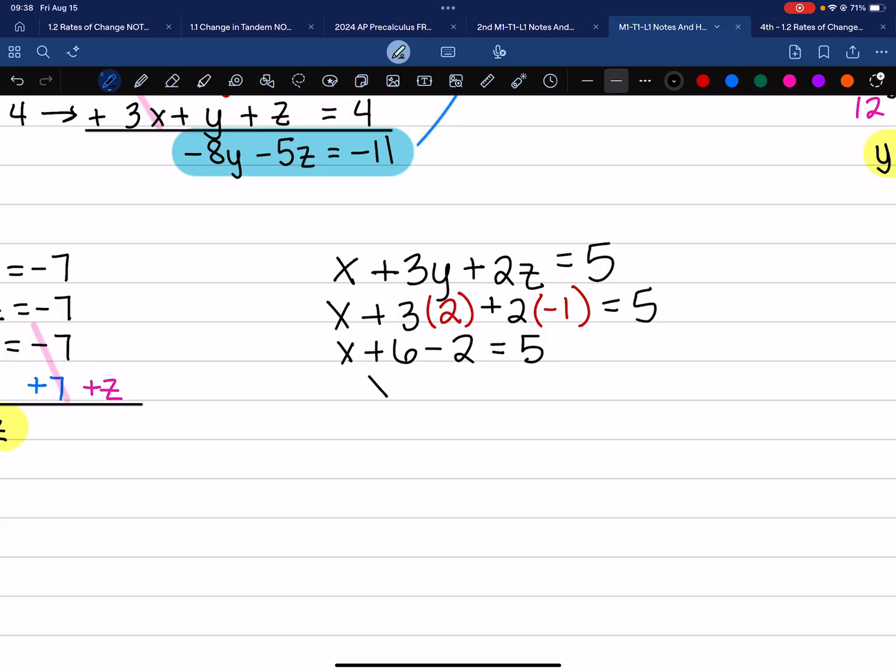We get x plus 4 equals, oh, not equals 1, equals 5.